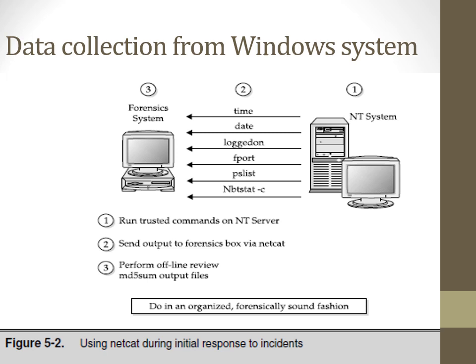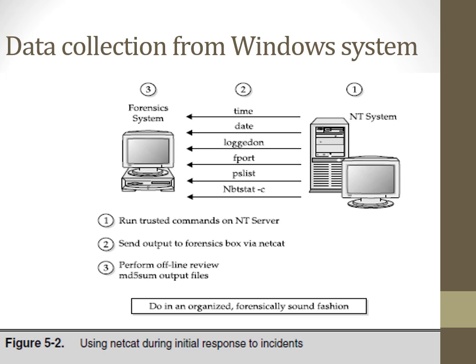Let's say for instance, you might start an investigation at a particular time, for instance 8 a.m. But to give a clear indication of when the incident took place, you also need to collect the date.